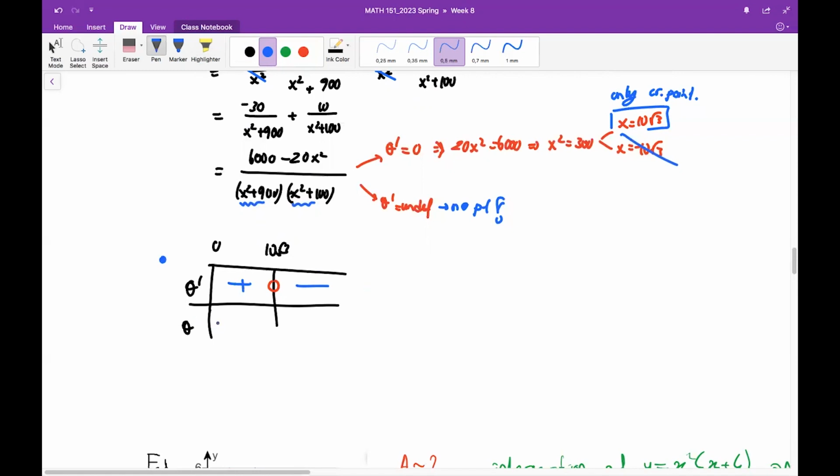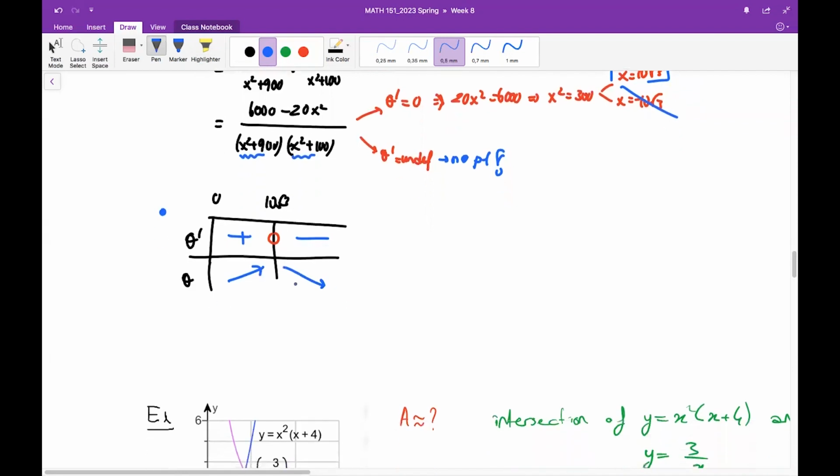Since the first derivative is positive here, the original function is increasing, and it is negative here, so the original function is decreasing. So this point gives you, in fact, the maximum value. This sign table proves that theta attains its maximum value at x equals this number.